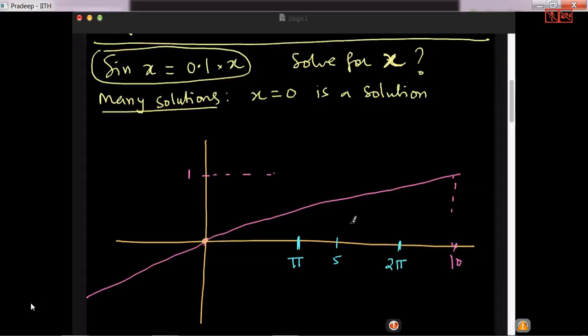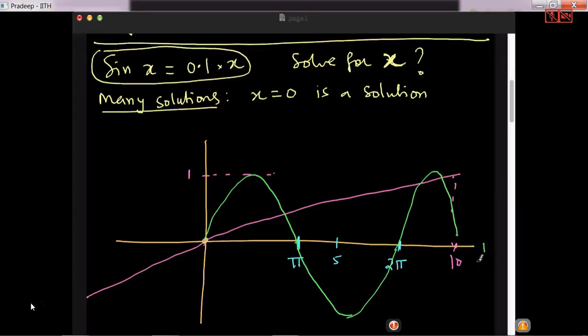The sine wave will start somewhere like this and then at pi by 2 it reaches maximum value and at pi it becomes 0. Then again at 3 pi by 2 it reaches minus 1 and again at 2 pi it becomes 0. And then again it reaches somewhere like this and then it comes down like this.